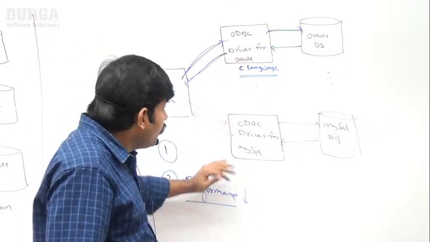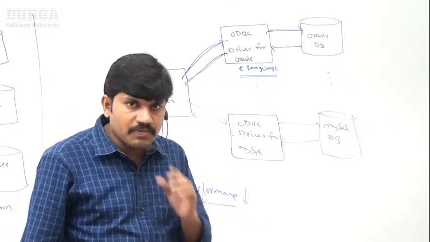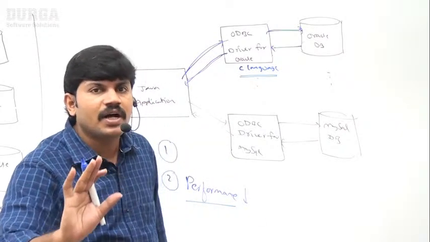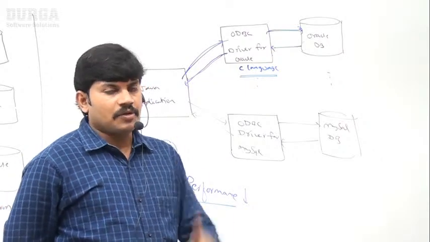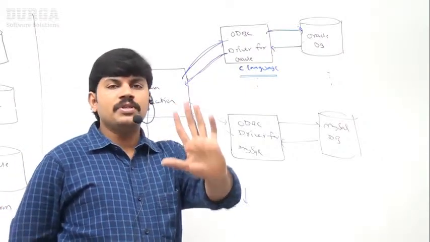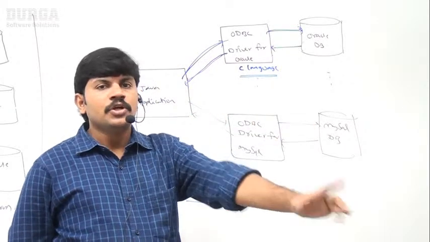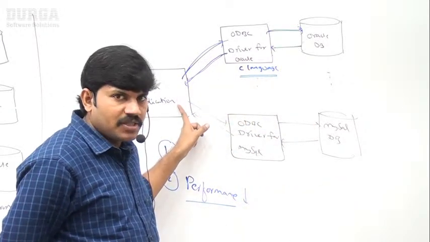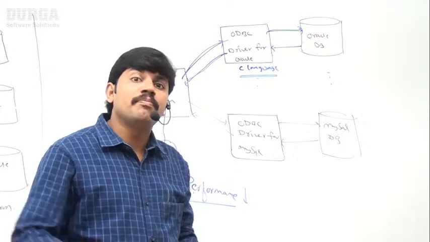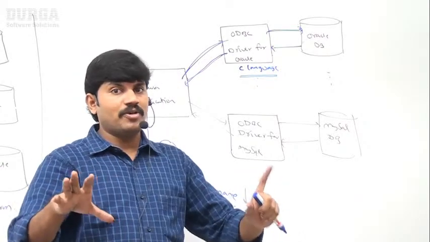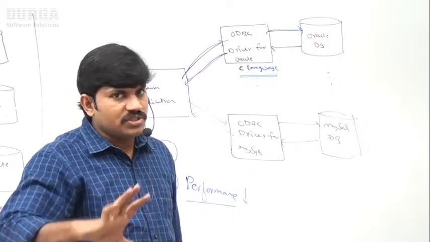So if I use the ODBC concept for a Java application, what problems are there? Problem number 1: ODBC is applicable only for Windows, so my Java application also becomes Windows specific, which is against Java's rule.